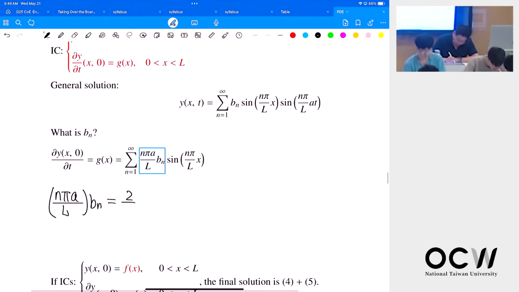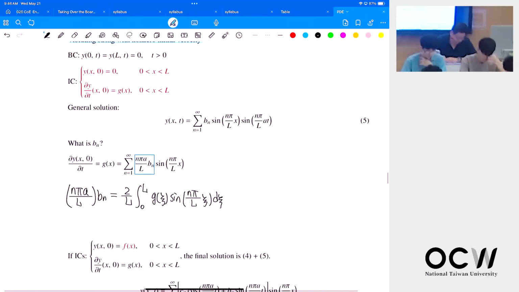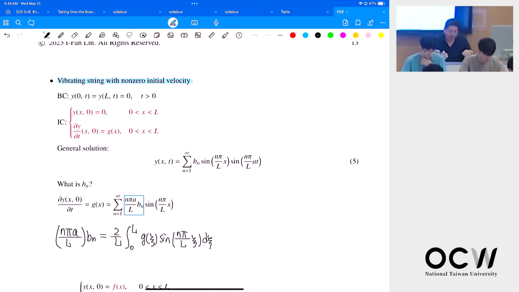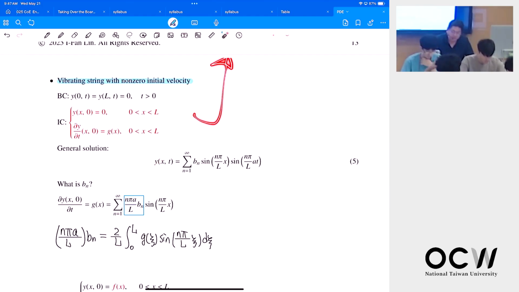So 2 over L, integration from 0 to L, g(x) sine n pi over L x dx. During the weekend, try to find the general solution using the same steps.